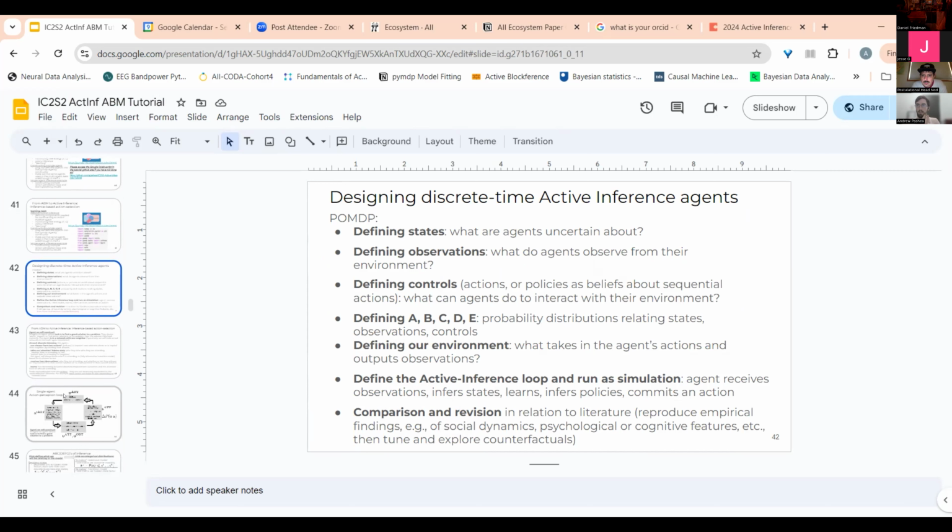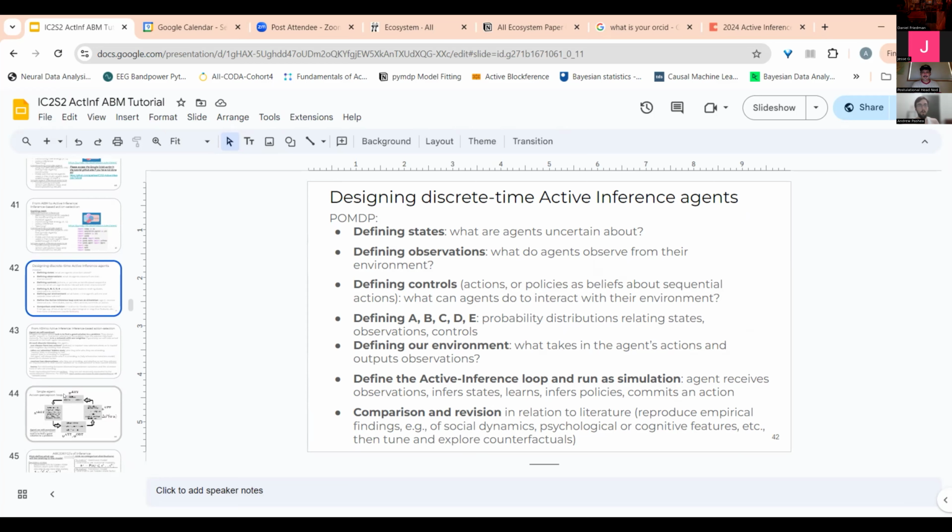The second thing is, what are the observations that the agents will encounter in the world? And third, what are the actions or controls or policies? Those three terms are sometimes used interchangeably. They don't necessarily mean exactly the same thing, but for now we'll call them actions. What actions can the agent commit?